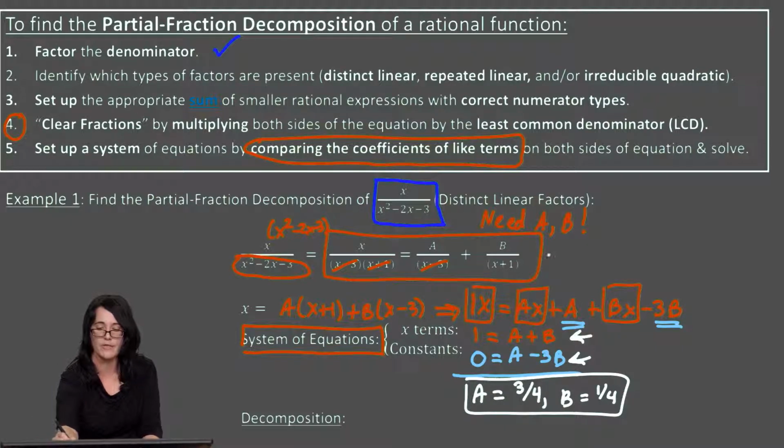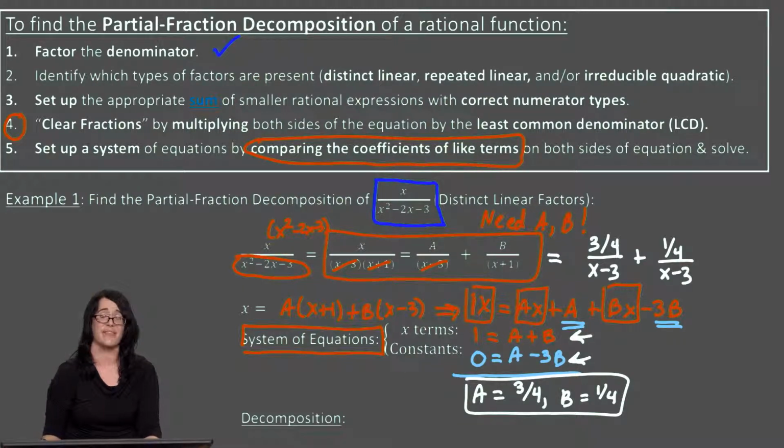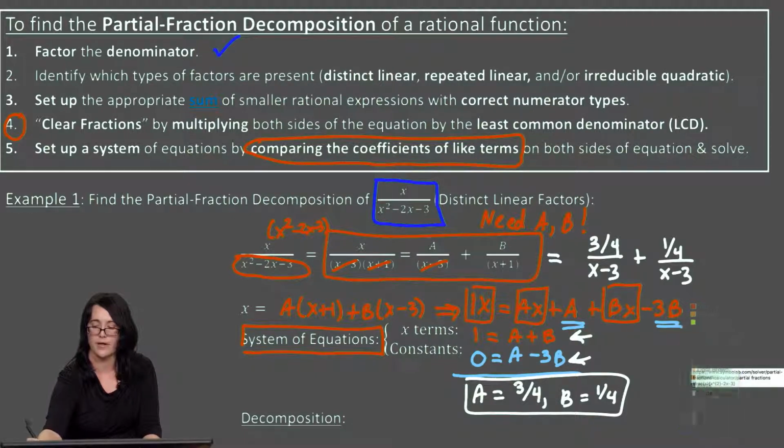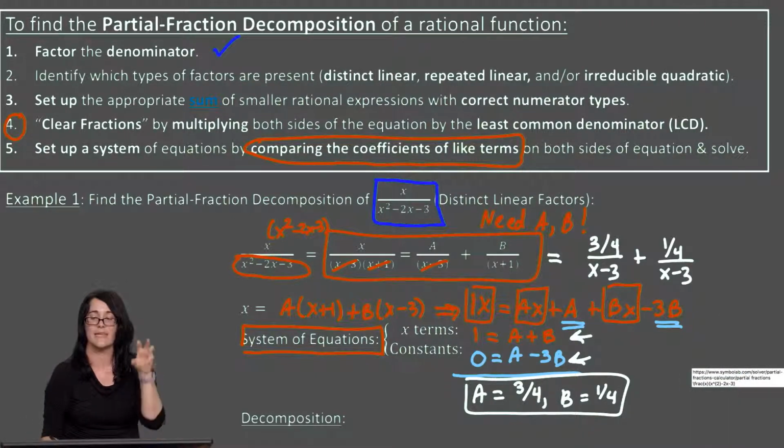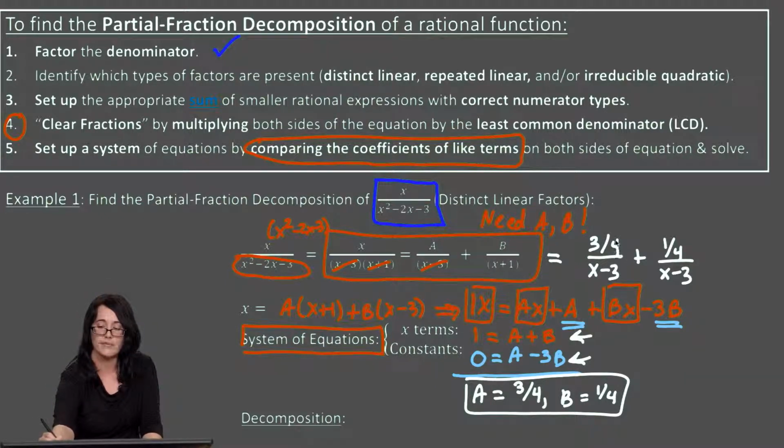If we go back to the original, back up here, we would have that a is 3 over 4 over x minus 3, and b is 1 over 4 over x minus 3. That looks kind of tacky, so what could I do instead? Well, if I understand what division does, if you have 3 over 4, that's 3 divided by 4, so the 4 really lives in the denominator.